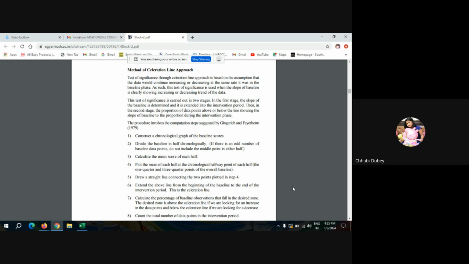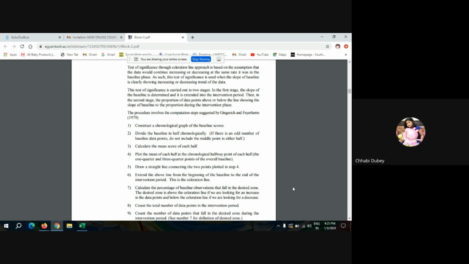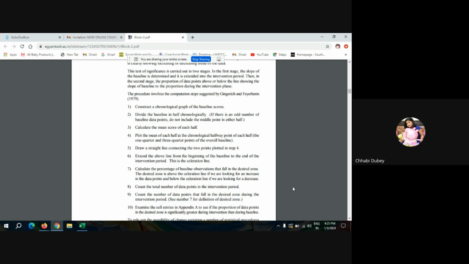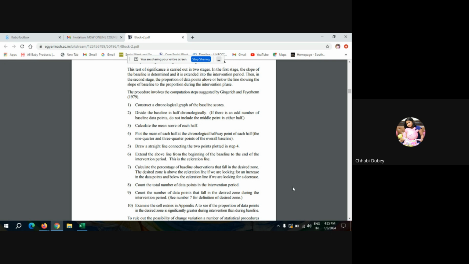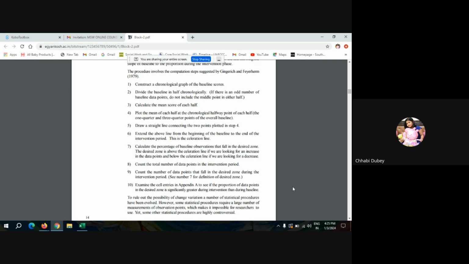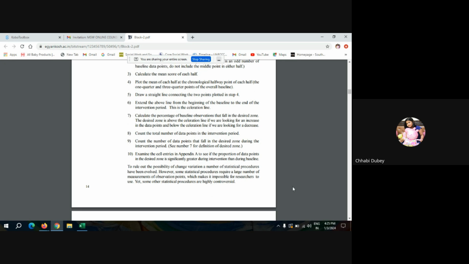Now, again, this is a procedure which requires stepwise computation, where you construct the graph and then calculate it. So you can just go through the basic steps, although it is not necessary to actually go through it.